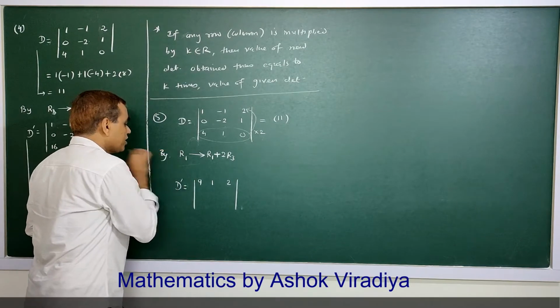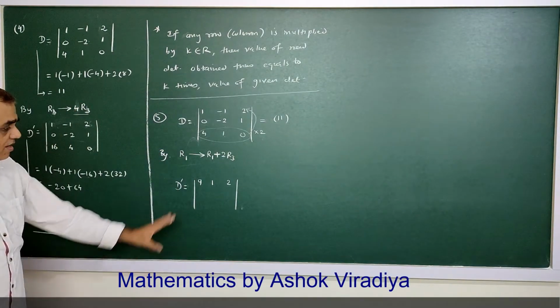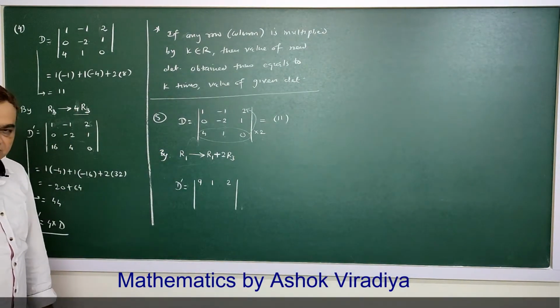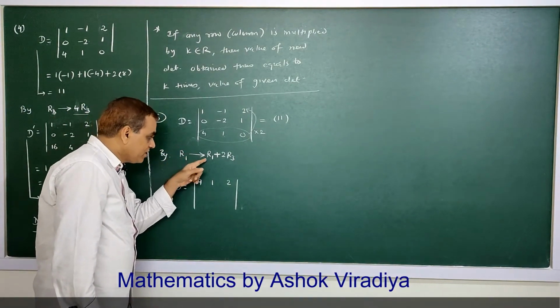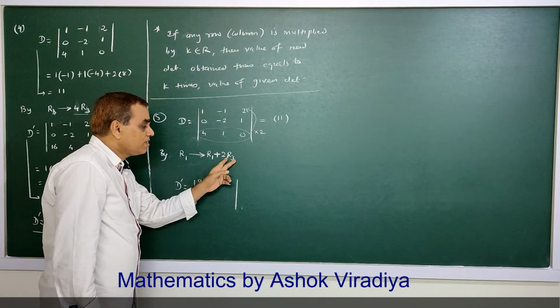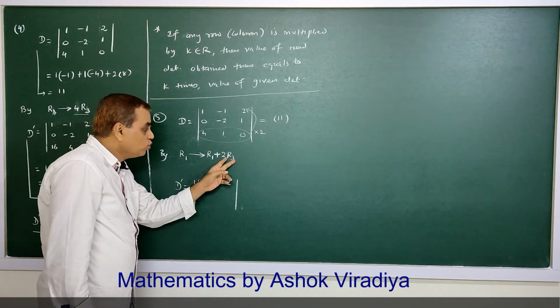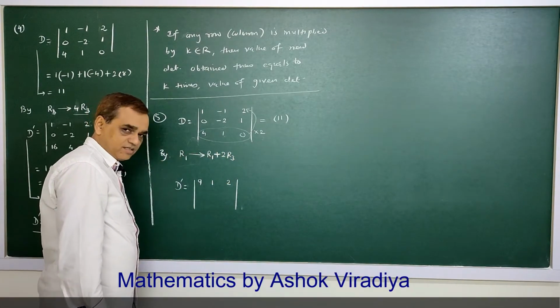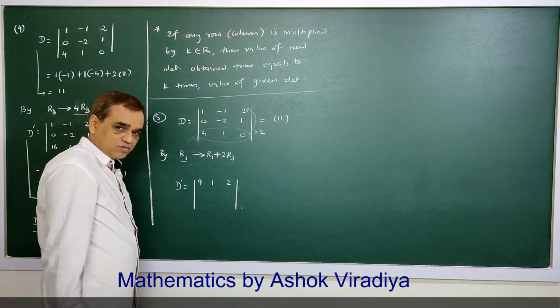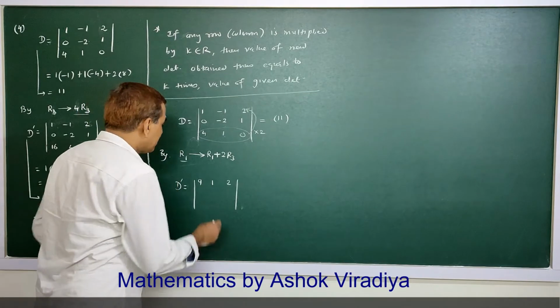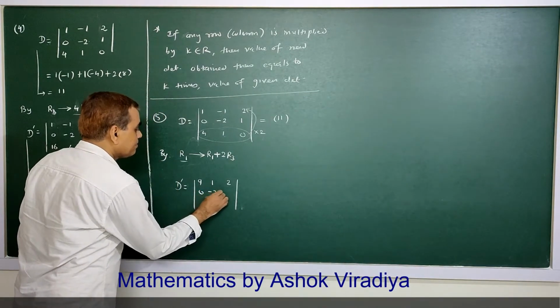So by this operation we are getting this determinant. In the first row, the elements of the third row, after multiplying by 2, are added. So the change is only in the first row. The second and third rows are kept as they are.